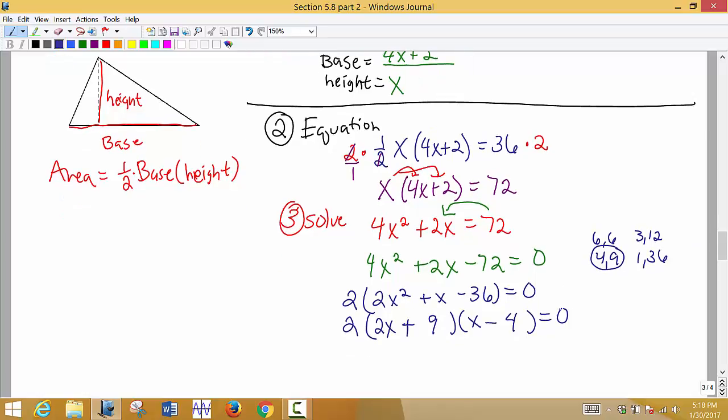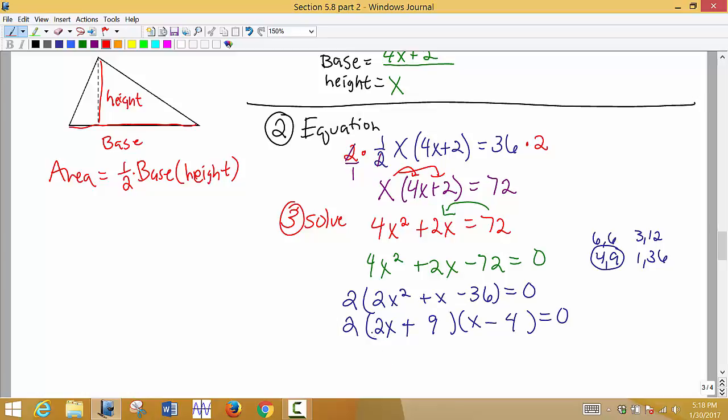You can play around with each of those sets of numbers, and there will be a common factor issue if you're not careful. I could not put the 4 with the 2. So you'll think through that, play around with the signs and the numbers, and then make sure that you check that it does multiply out to give you the trinomial that you started with. This one works, and I've already checked it.